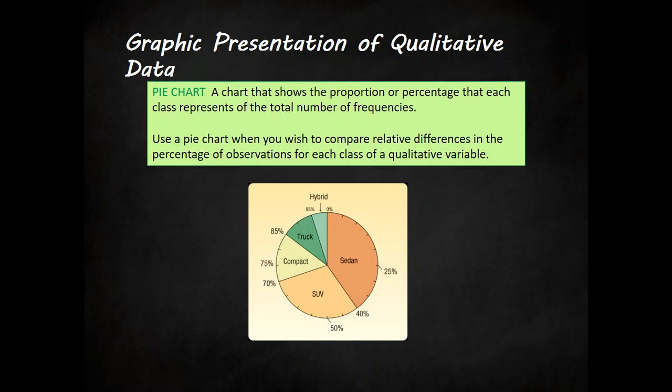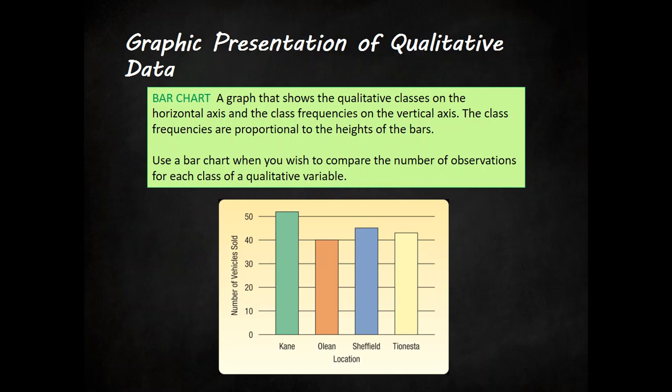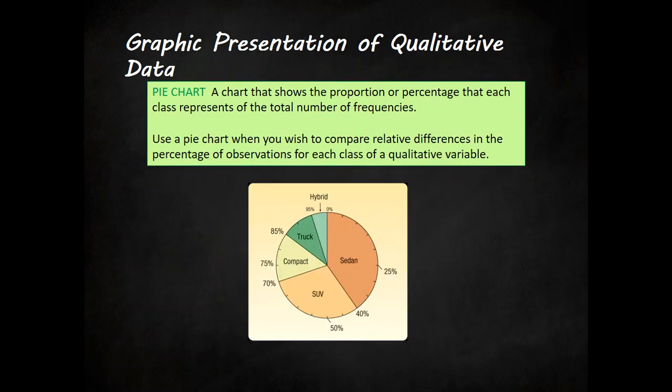Cool. Well, thank you so much for joining us in this. Hopefully you learned by the conclusion of this lesson how to do a frequency distribution or a frequency table, how to graphically represent the frequency table, and then how to put that into a relative frequency pie chart.